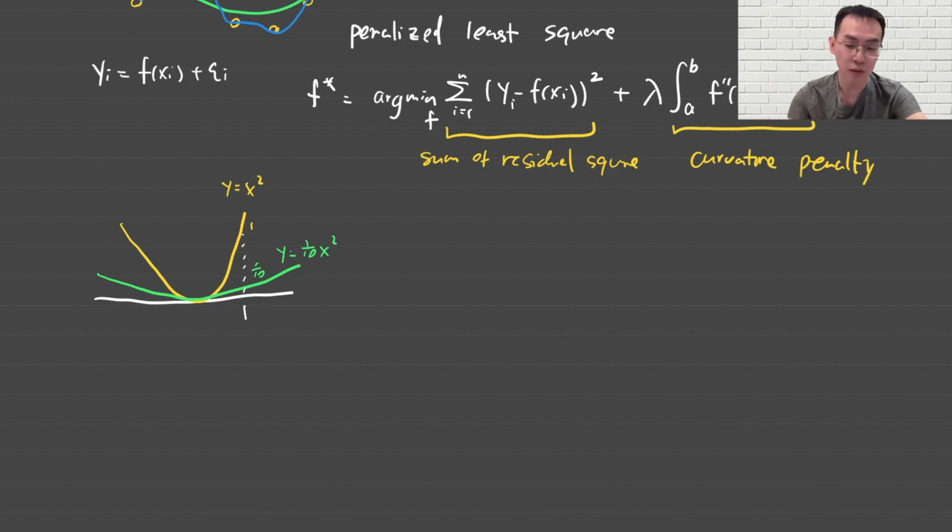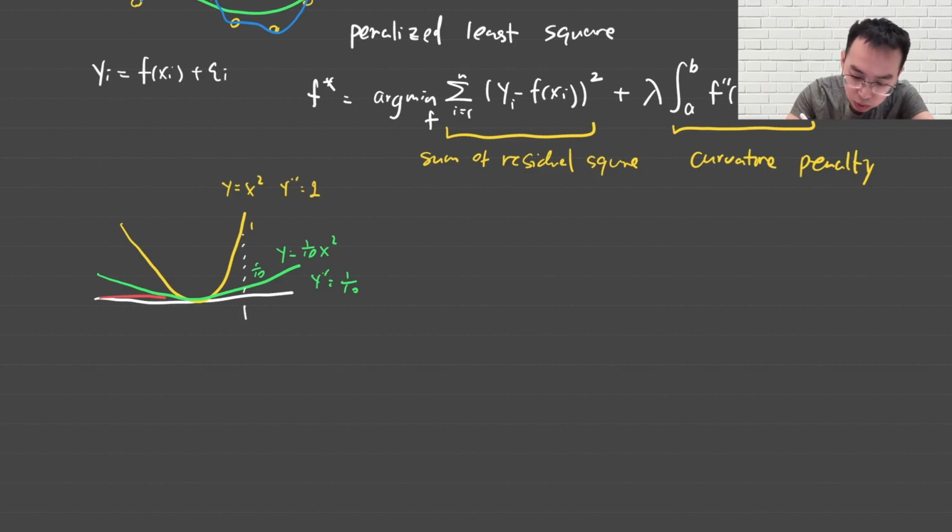Because it curves more. And if we take the second derivative, for the yellow curve it is going to be 1, and for the green curve it is going to be 1/10. So this is a lot smaller than the yellow one. So what's going to happen when the second derivative goes to zero?